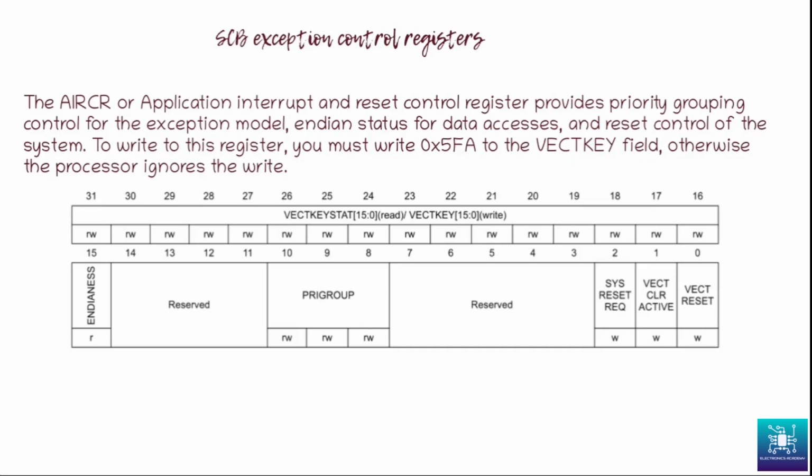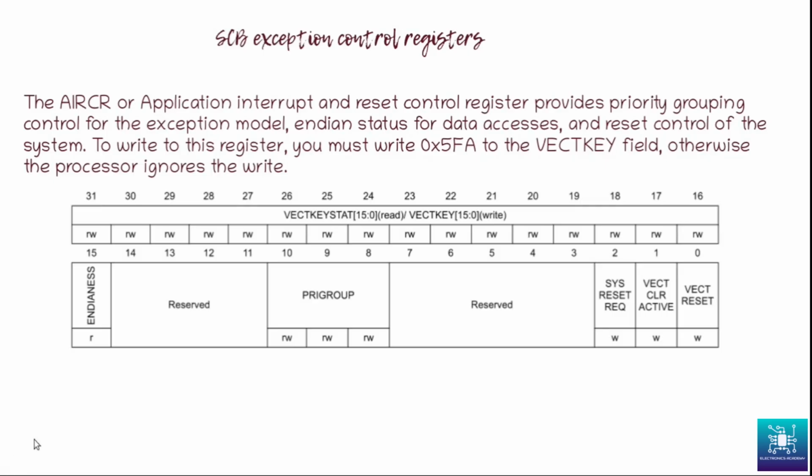The AIRCR, or the Application Interrupt and Reset Control Register, provides priority grouping control for the exception model, and we are going to see this in detail in the later slides. It also controls the endian status for data accesses, that is whether it's big endian or little endian, and reset control of the system.